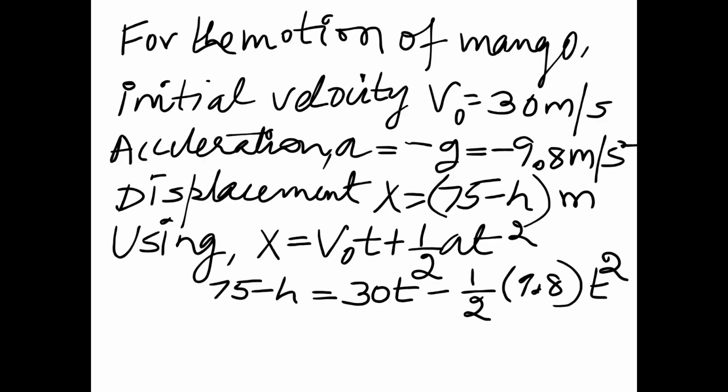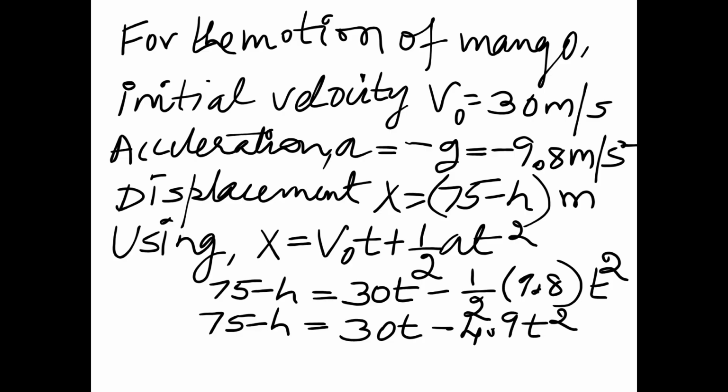So 75 minus h will be equal to 30t minus 4.9 t square. And this is equation 2.